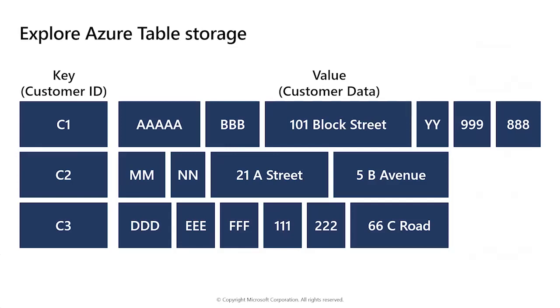But don't let this terminology confuse you into thinking that it's the same as a table in a relational database, because Azure Table Storage allows you to store semi-structured data. All rows in a table must have a key, but apart from that, the columns in each row can vary. Unlike traditional relational databases, Azure Table Storage tables have no concept of relationships, stored procedures, secondary indexes, or foreign keys.